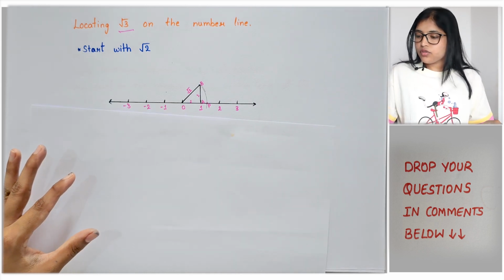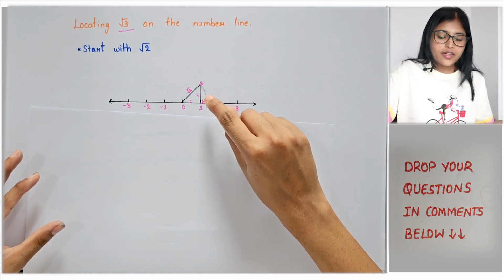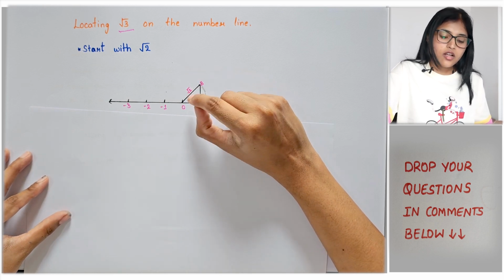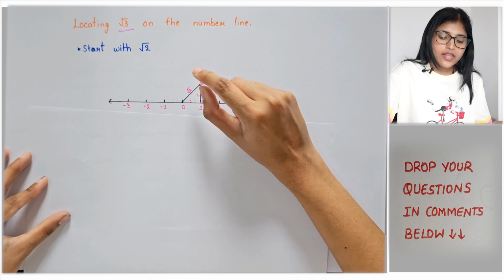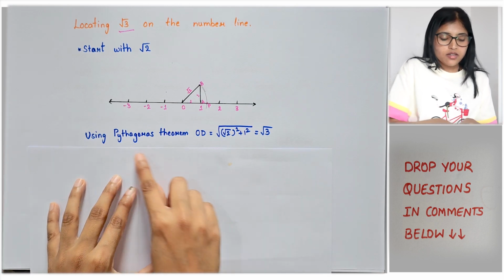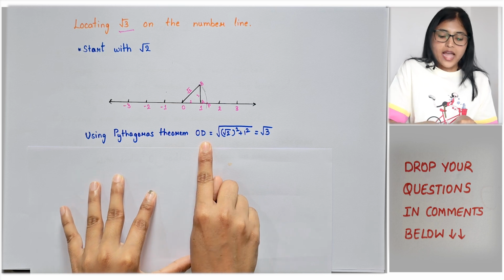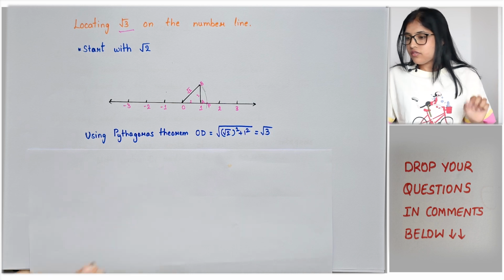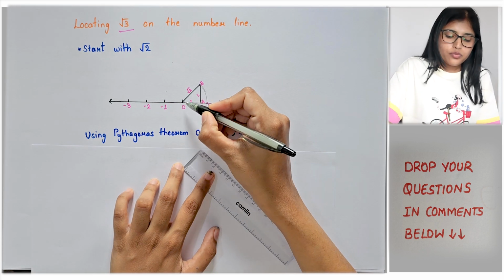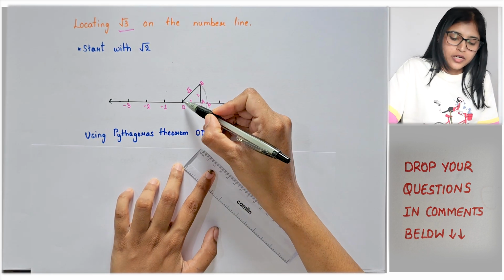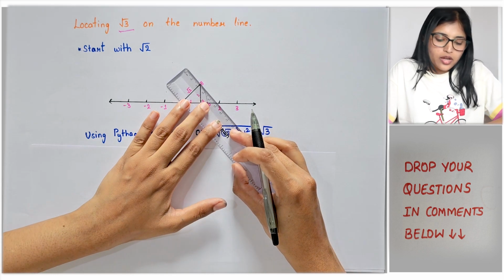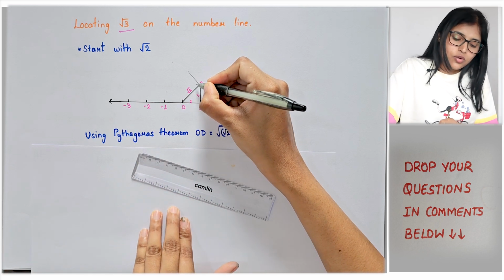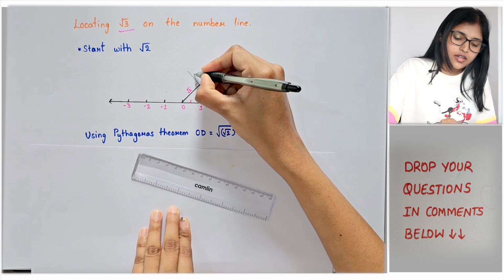Now in order to find the value of root 3, we can draw another right angle triangle with one of its sides as root 2 and the other as 1. What's going to happen then? When we use the Pythagoras theorem for this new triangle and the new hypotenuse that I build, which looks like this, with one side as root 2 and let's say the other side will be 1 here, at 90 degrees, so this is another right angle triangle.